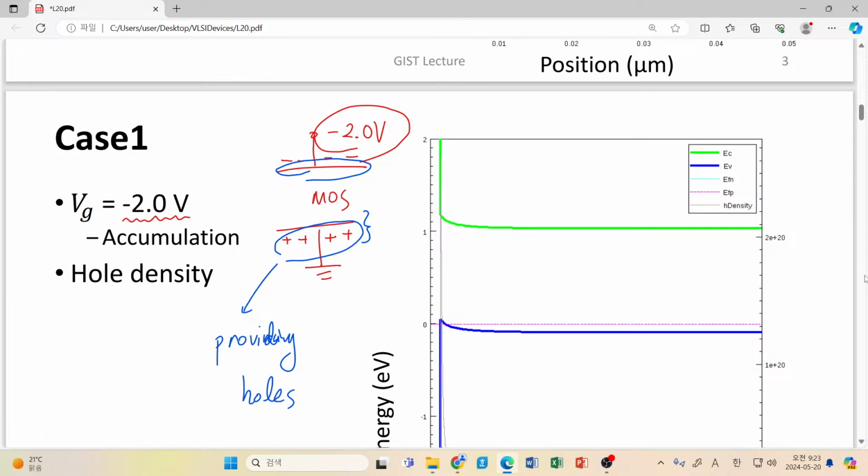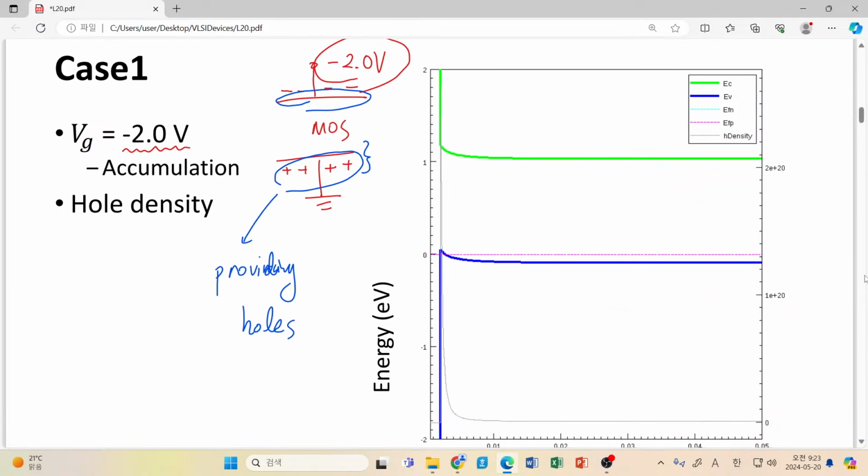If we have excessive holes inside our silicon substrate, then yes, they are positively charged and they can provide us positive charge. So think about this one. So now we have a negative charge. So in this silicon part, yes, this is silicon, and we must have a positively charged layer. Please compare it with this part.